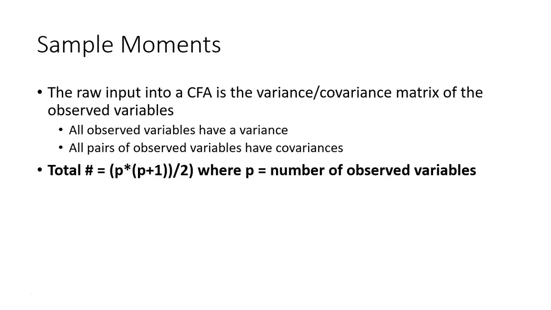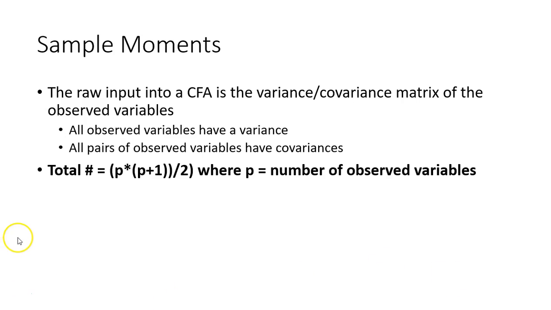The thing to remember, without the technical explanation, is that the sample moments are the information available in the data, which is the number of elements in the variance covariance matrix. You get that by multiplying the number of observed variables by the number of observed variables plus 1. So if you let P indicate the number of observed variables, that's P times P plus 1, and then divide that whole thing by 2.